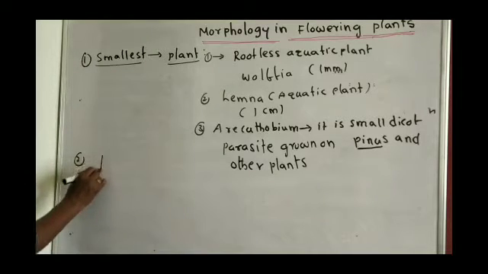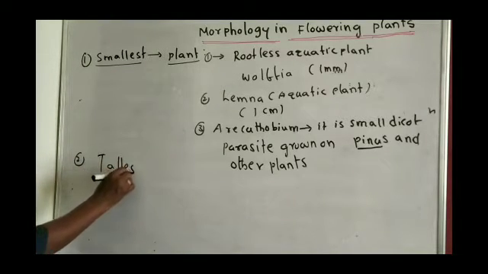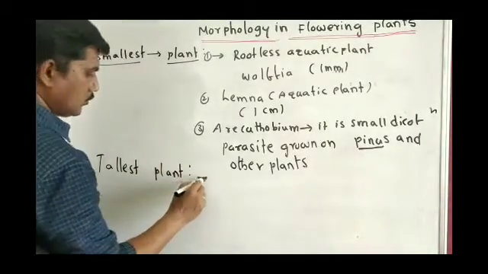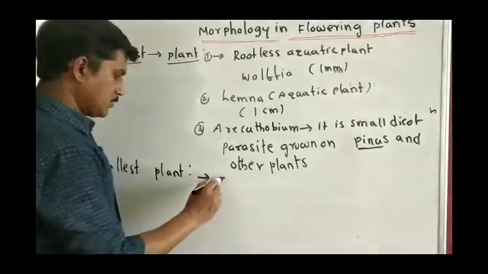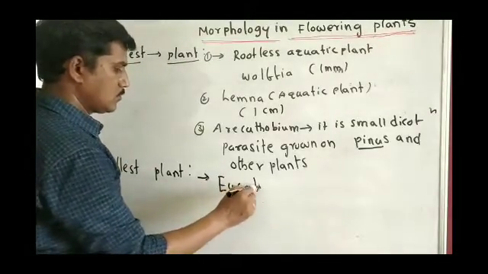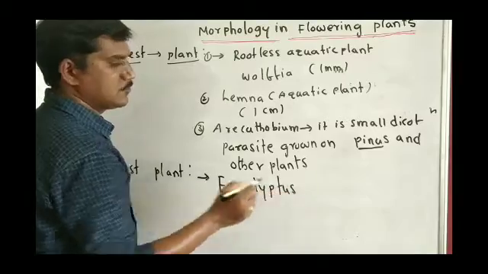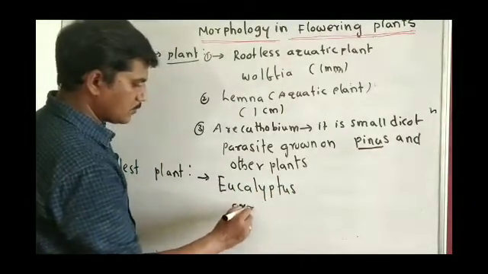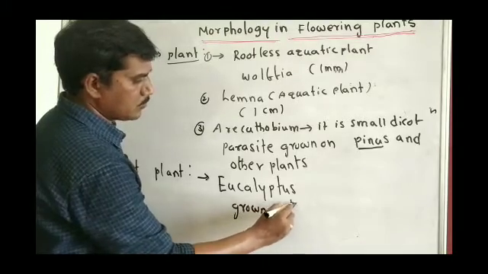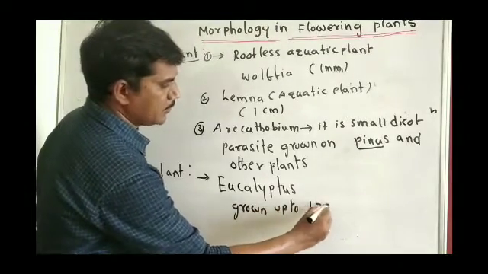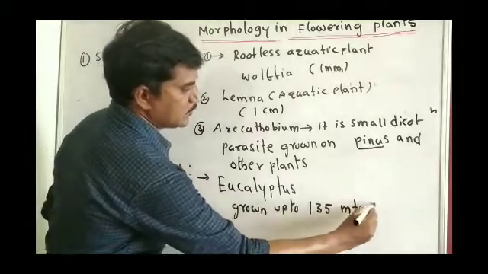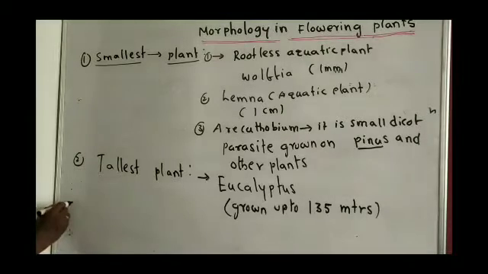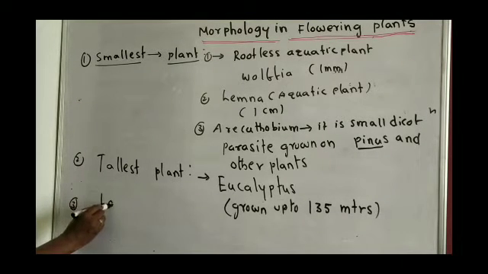Next, the tallest plant. Importance. The tallest plant, you know very well, is eucalyptus. The plant grows up to 135 meters. Next, the largest plant.